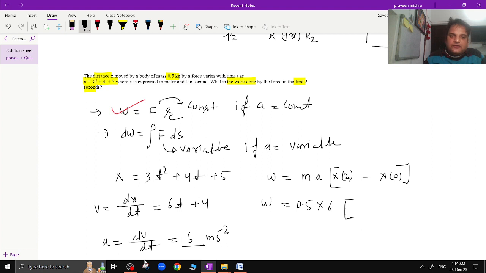When you put the value of x at t equals 2, you get 3 into 2 square plus 4 into 2 plus 5, minus the value at t equals 0. When you put 0 in the equation of x, you get only 5, and that cancels out here. This is 3 into 4 plus 2, and 4 into 3 is 12 plus 8 is 20. 20 into 3, the answer is 60 joule.